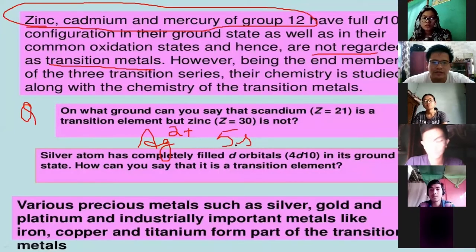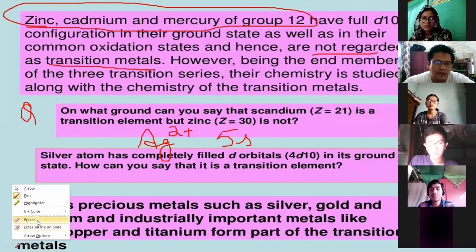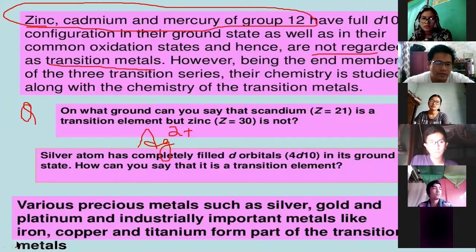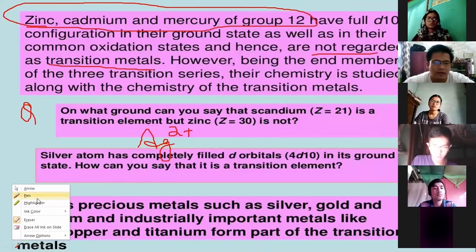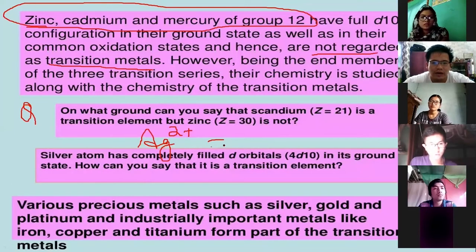What is the configuration of silver ion? When you remove these electrons, the configuration becomes 4d9. 4d9 is the configuration. So the silver ion is a transition element type.